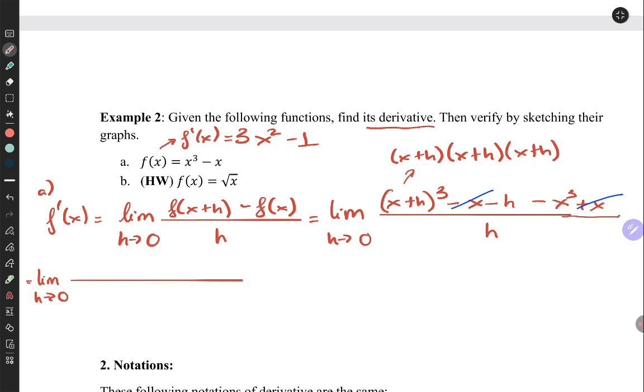Okay, I should have x cubed plus 3x squared h plus 3x h squared plus h cubed. If you FOIL, you're going to have that.